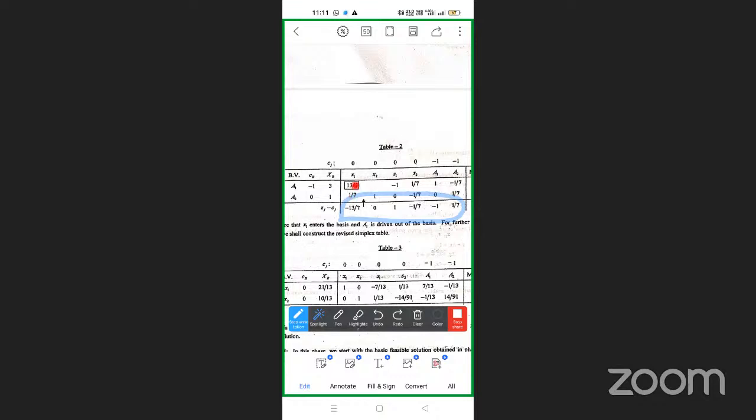The intersection of the incoming and outgoing vectors is the key element. We multiply this by 7 by 13 because x1 replaces a1, so that x1 becomes 1, 0. So x1 is the incoming vector and a1 is the outgoing vector.